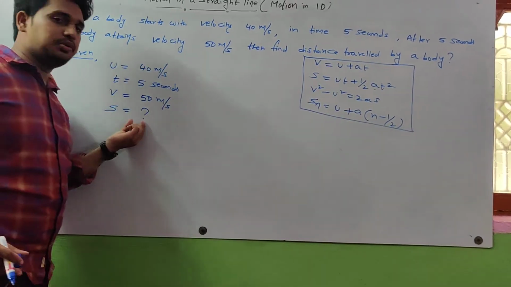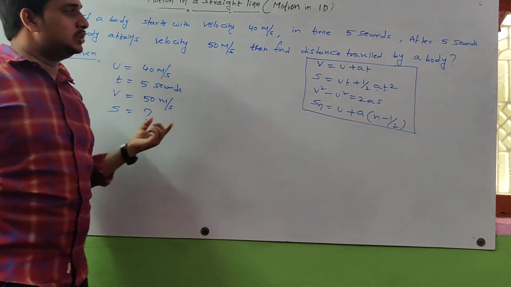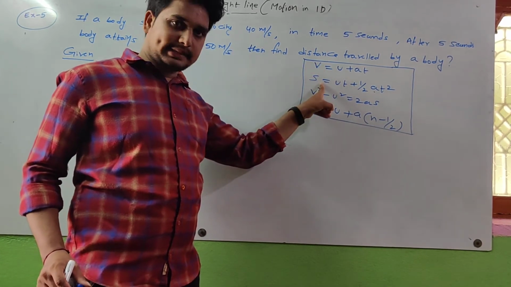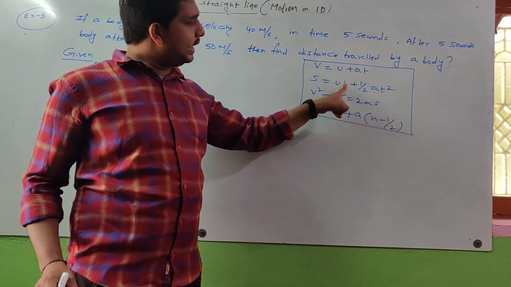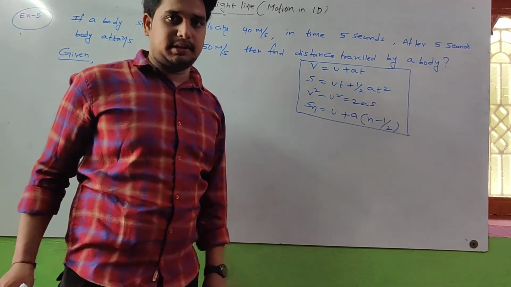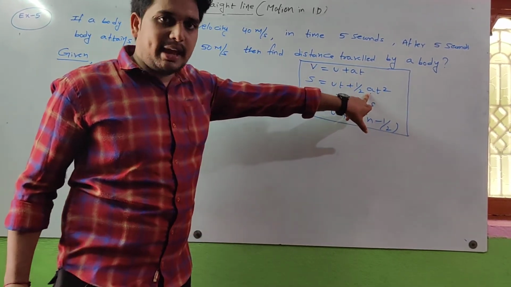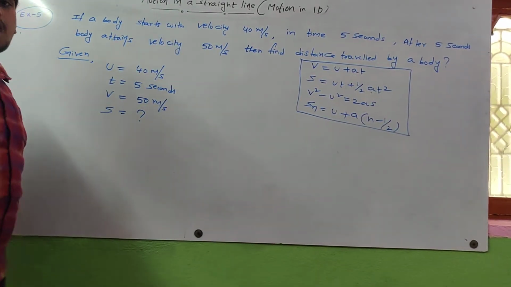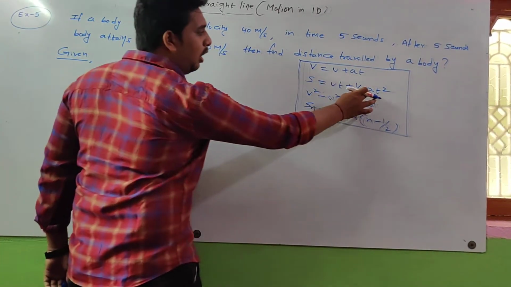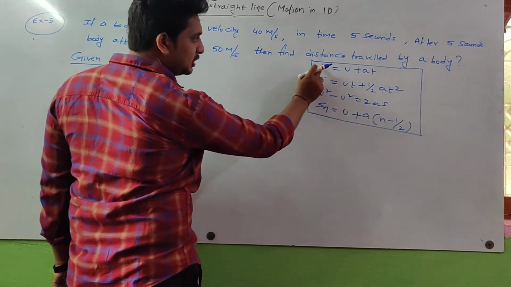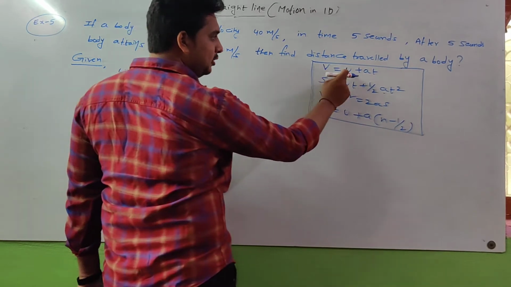Observe carefully. What do we need to find in the question? The s value. So for finding s here, we want the u value, t value, and a value. u and t are already given. If we find a, then definitely we get the s value. How to find the a value? First observe the first equation, v is equal to u plus at.